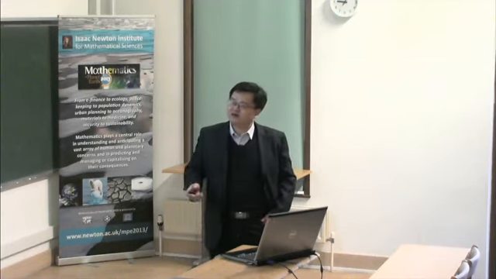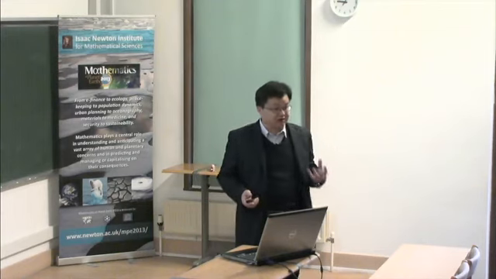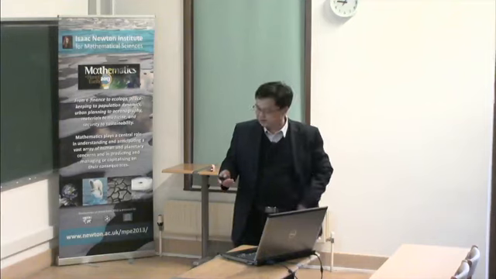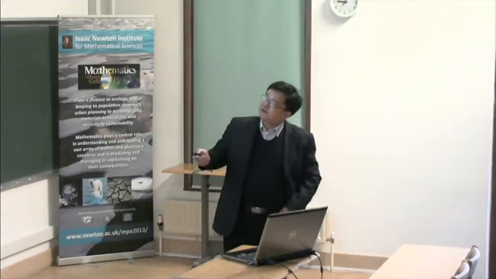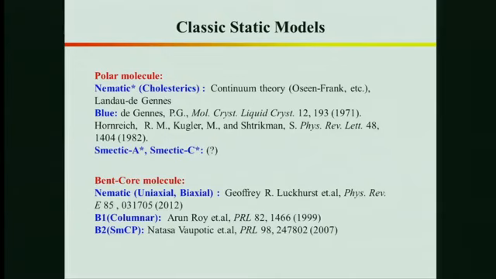A lot of models. What is the relation between the models? For the polar molecule, there are just a few models, but most models are phenomenological. For the bent-core model, it's not clear. I think most of the time it is a phenomenological model. Even the order parameters are a problem for mathematicians.